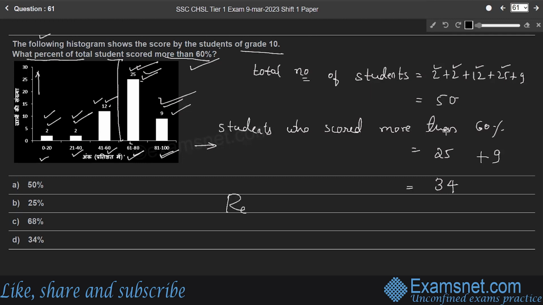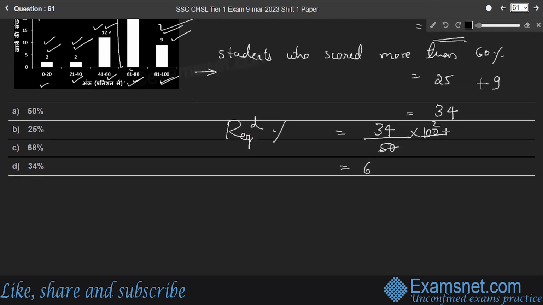So the required percentage: out of 50 students, 34 scored more than 60%, therefore for 100, 50 into 2 is 100, so 34 into 2 is 68%. Therefore 68% of students scored more than 60% marks. Therefore option C is the right answer.